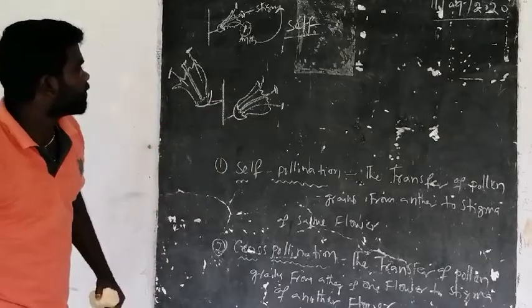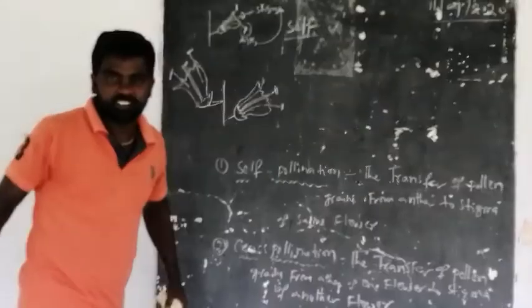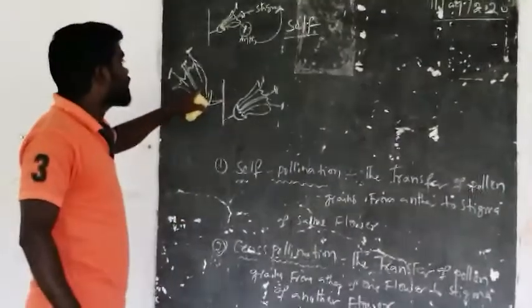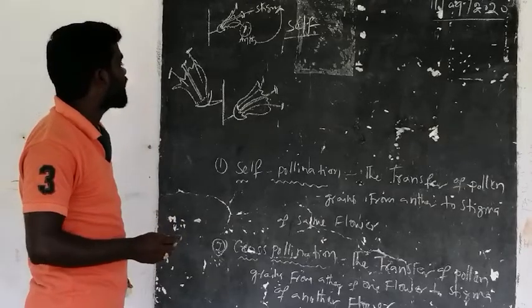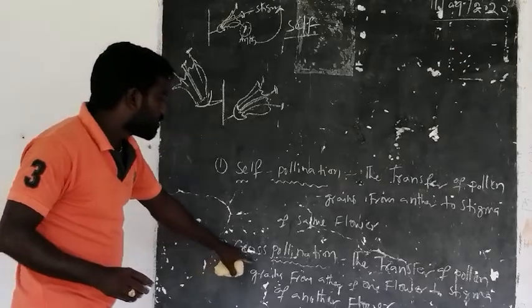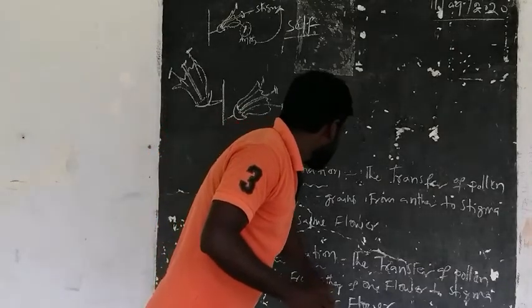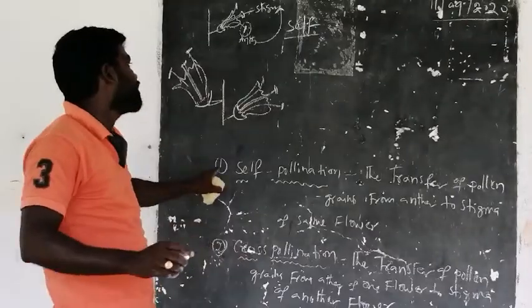The transfer of pollen grains from anther to stigma of different flowers is called cross pollination, that is, from the anther of one flower to the stigma of another flower.